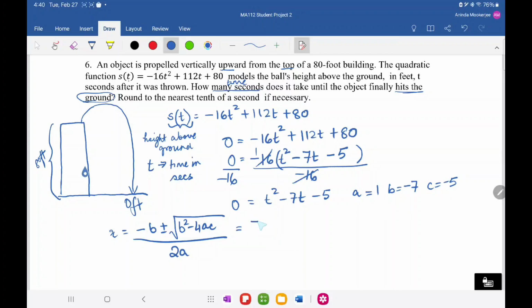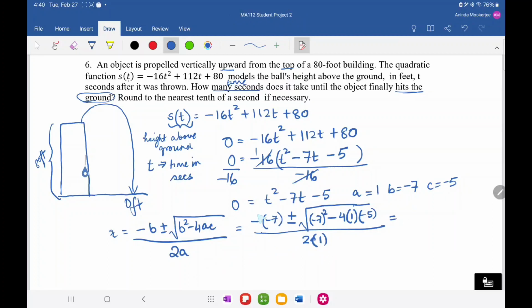So negative of negative 7, correct? B is negative 7, so negative of negative 7 plus or minus the square root of b squared, which would be negative 7 squared, minus 4 times 1 times c, which is negative 5, divided by 2a. 2 times 1, right? A is 1, so 2 times 1.